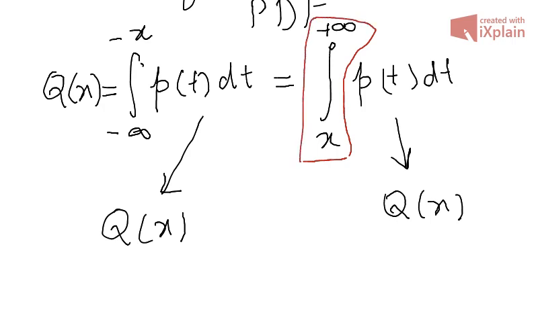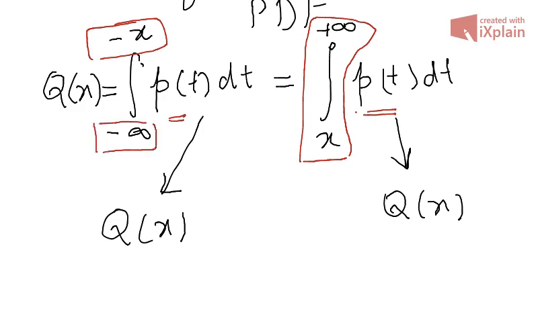If you integrate from x to plus infinity, you get the right tail probability of the standard normal curve, which is the same as integrating the same curve from minus infinity to minus x.